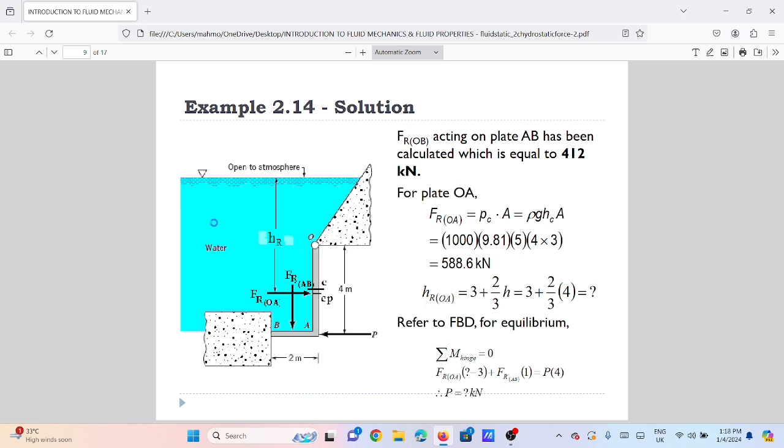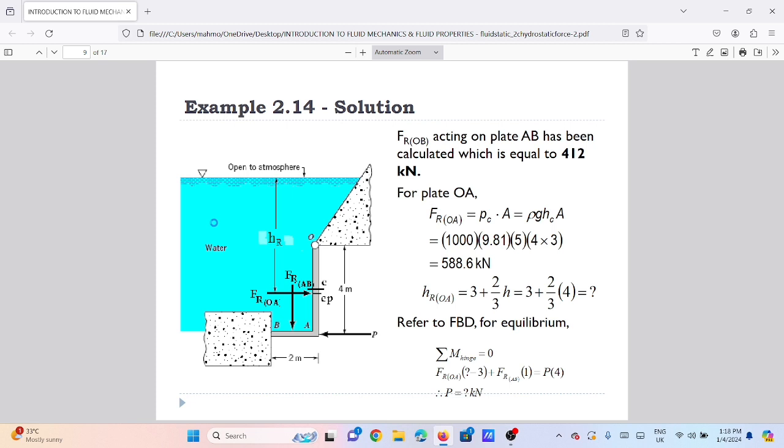So we get the amount of FR as 588.6 kilonewton. For hR, the formula is 3 plus 2 over 3 h, which is 3 plus 2 over 3 times the height h.